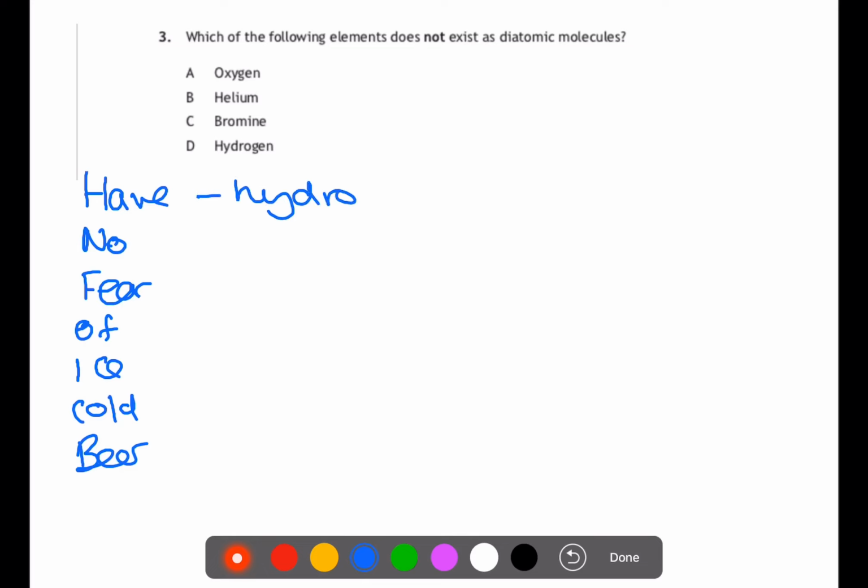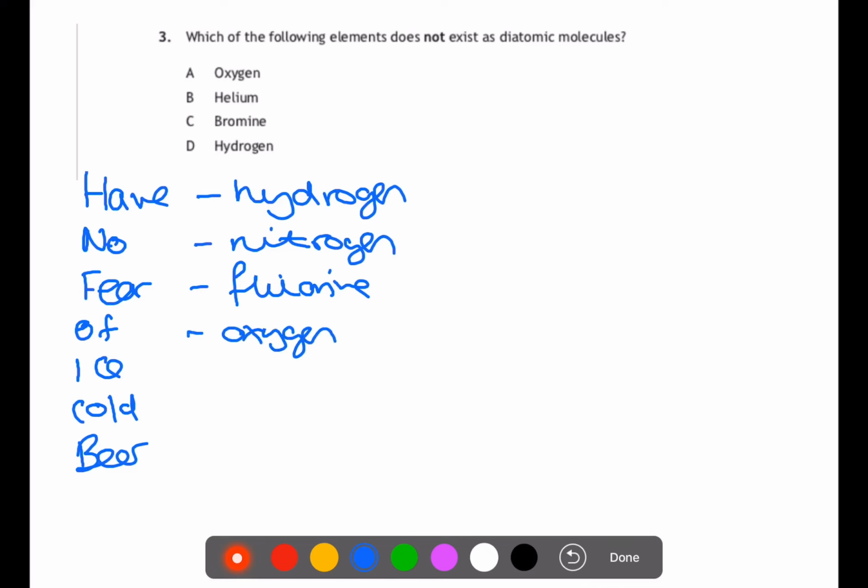So have is for hydrogen, no is for nitrogen, fear is for fluorine, of is for oxygen, ice, iodine, cold, chlorine, and beer, bromine.